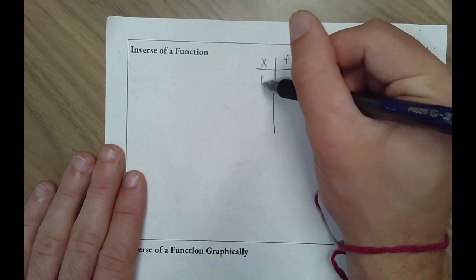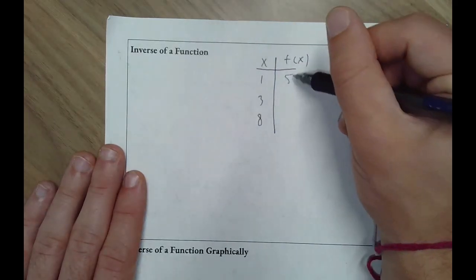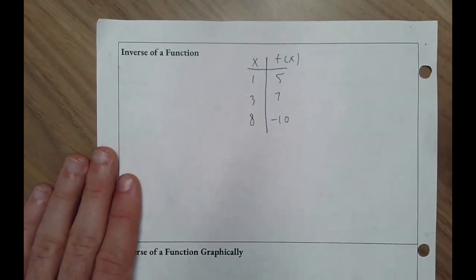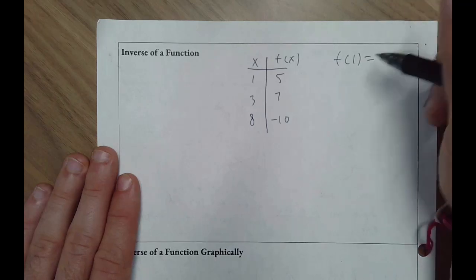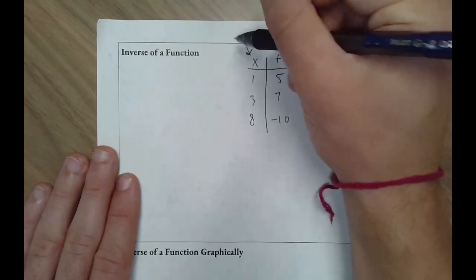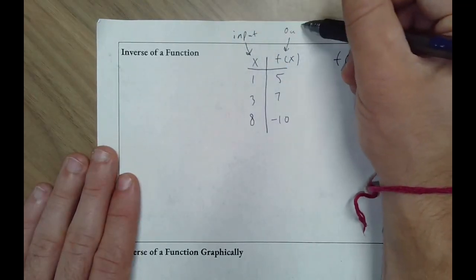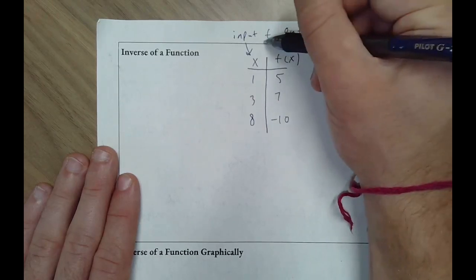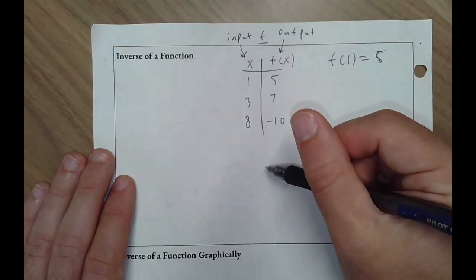And maybe we have 1, 3, 8, and 5, 7, -10. When we evaluate the function and we find something like f of 1, we find the output to be 5, right? This is our input, and this is our output of f.